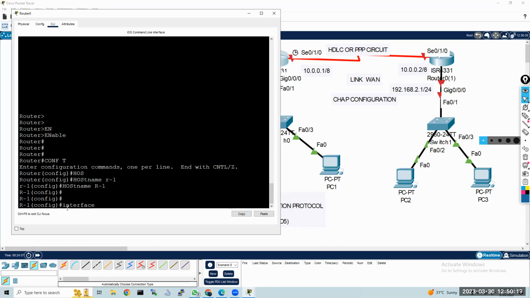Gigabit is the interface. Gigabit 0/0/0.